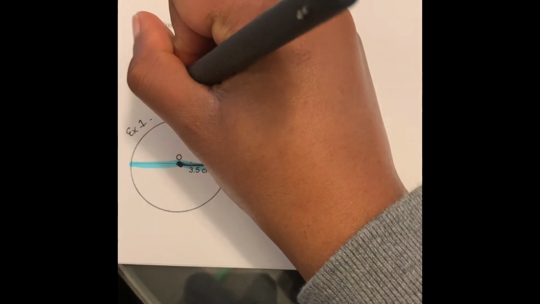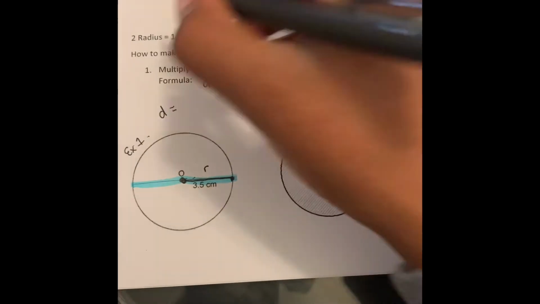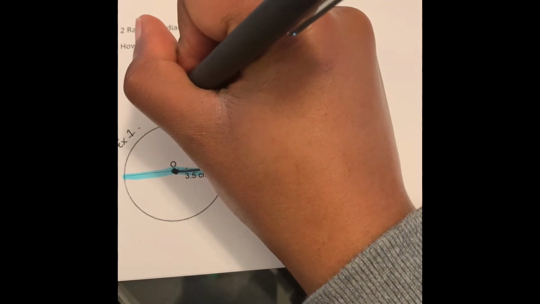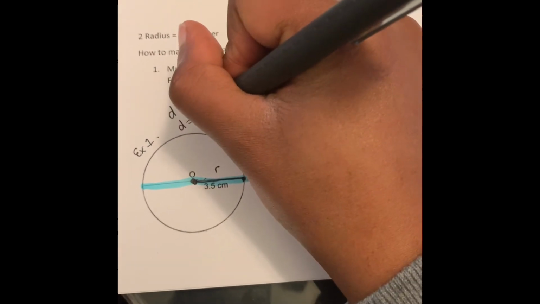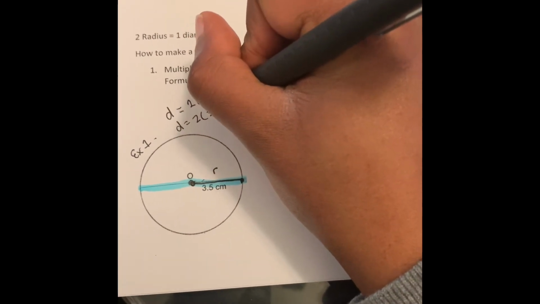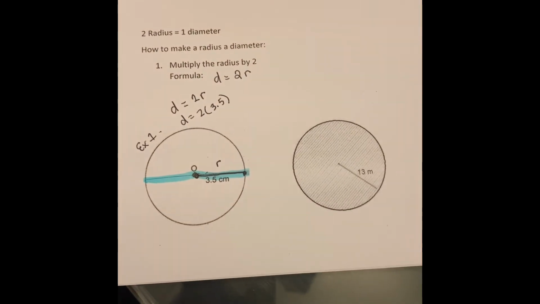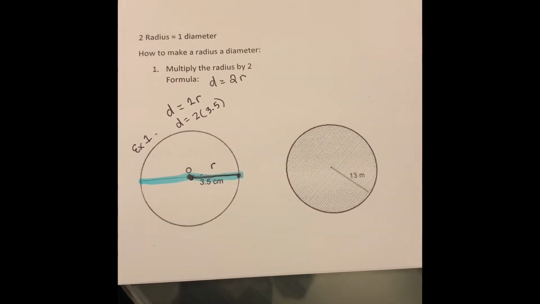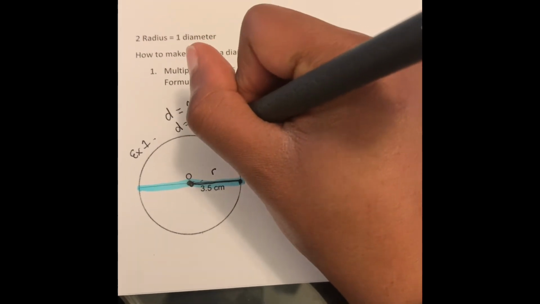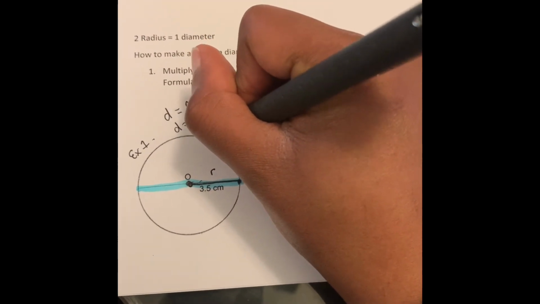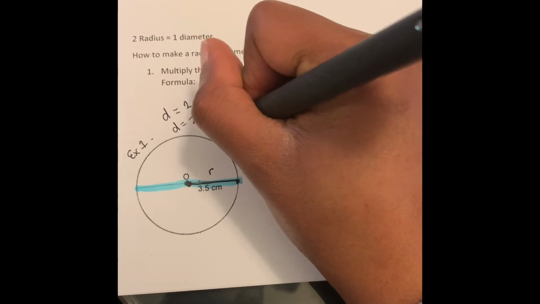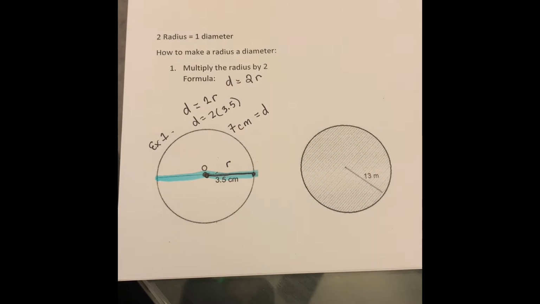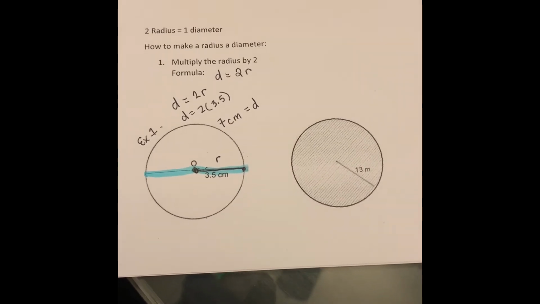So D for diameter is equal to 2 times R. D is equal to 2 times 3.5. If I type that in my calculator or do hand math, 2 times 3.5 is equal to 7. So 7 centimeters would be my diameter for this circle.